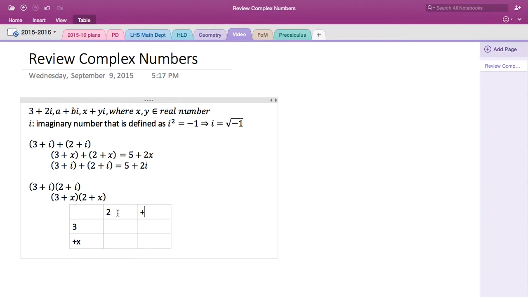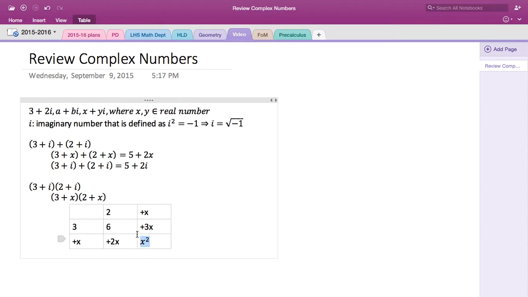It's like a multiplication table too. So 3 times 2 is 6, 3 times positive x is plus 3x, 2 times x is 2x, and x times x is x squared.